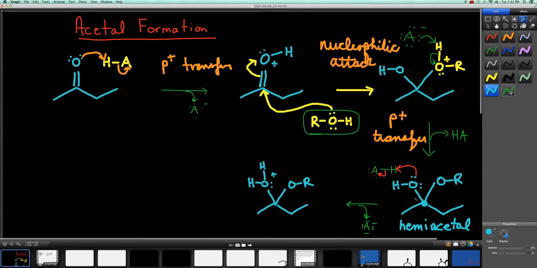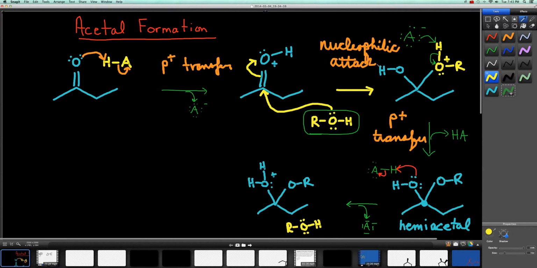So step 4 is very much like step 1, in which I am activating the electrophilic carbon for nucleophilic attack. And so in step 5, we shouldn't be surprised that this is much like step 2, in which we are going to have a nucleophilic attack. Now, here's the thing.